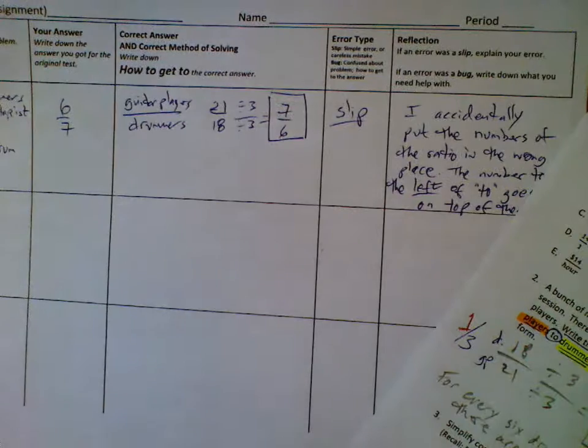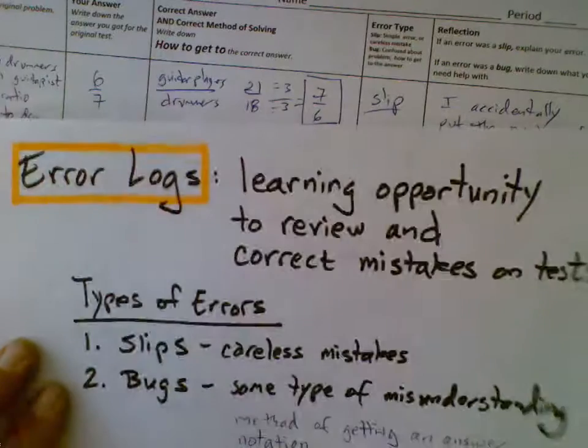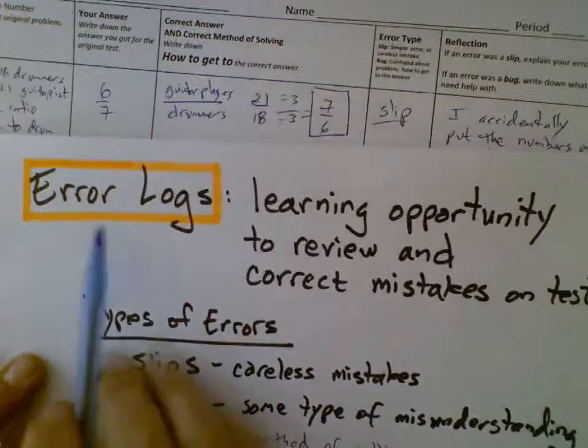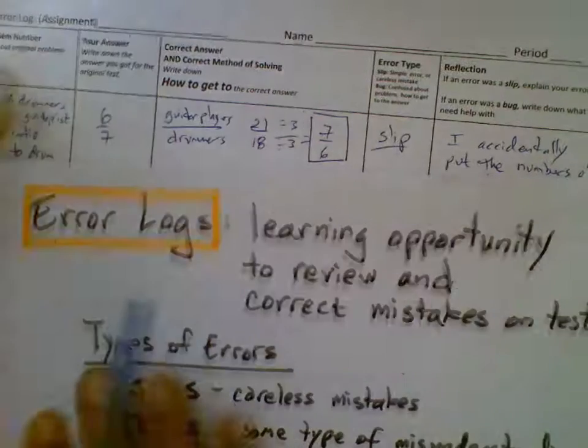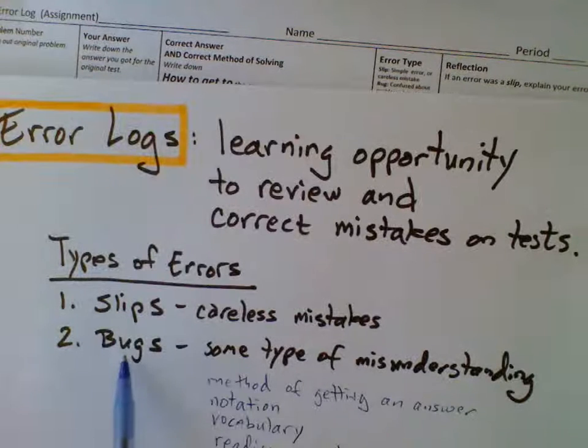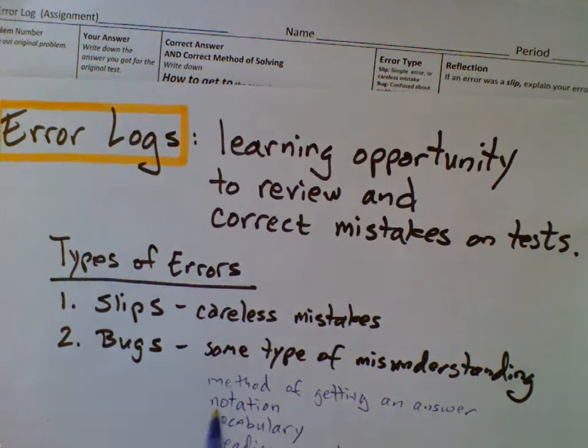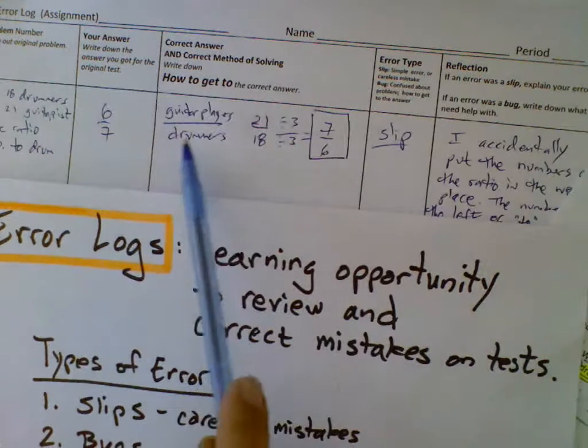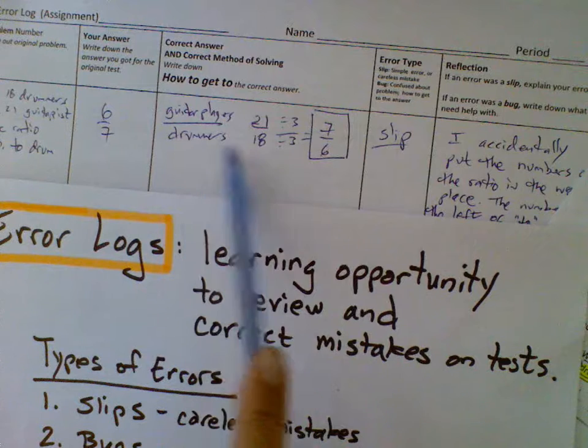So this little video here, to remind us what we started with, this was an exercise in understanding what error logs are. So this form is the error log and how it's communicated. That there's two types of errors, slips and bugs, and the students need to go back through and correct things and show the work.